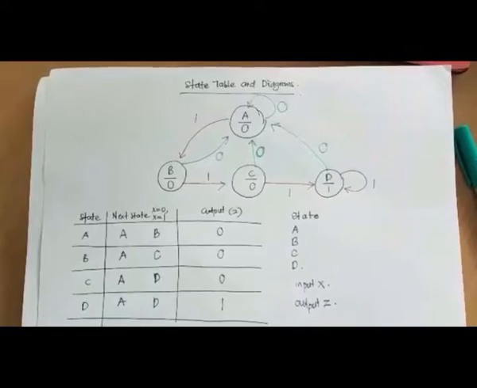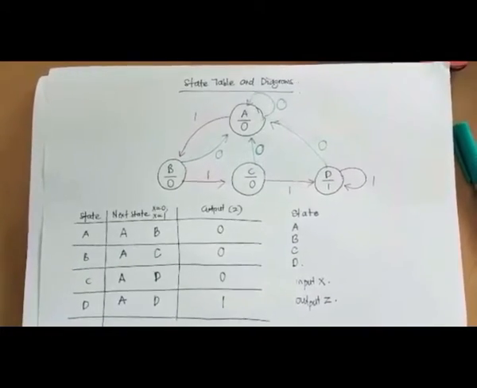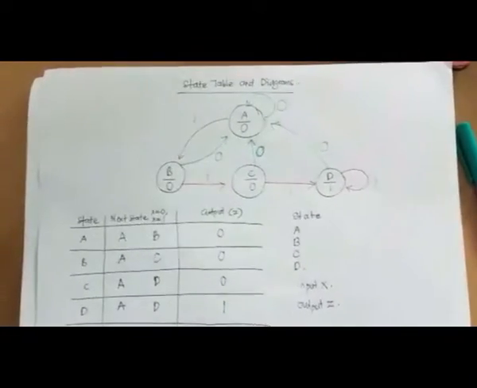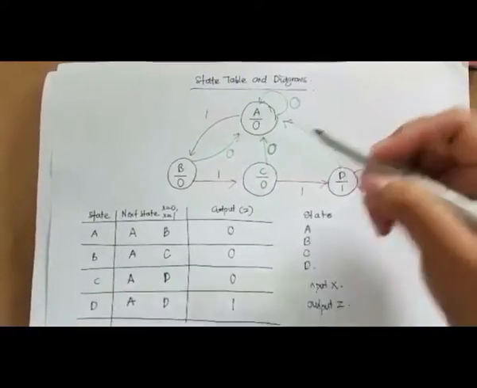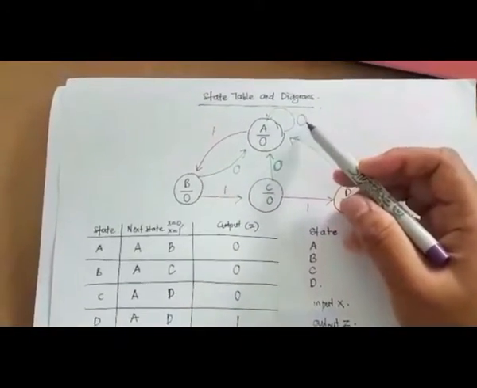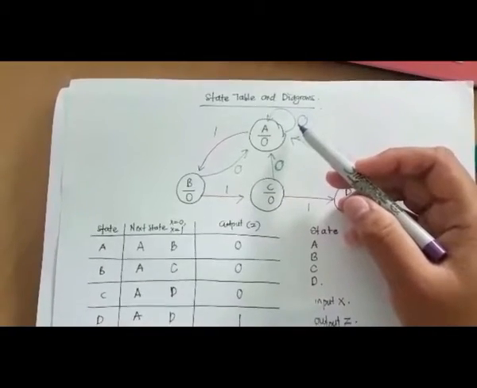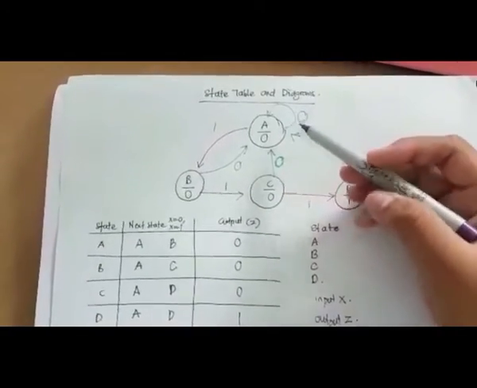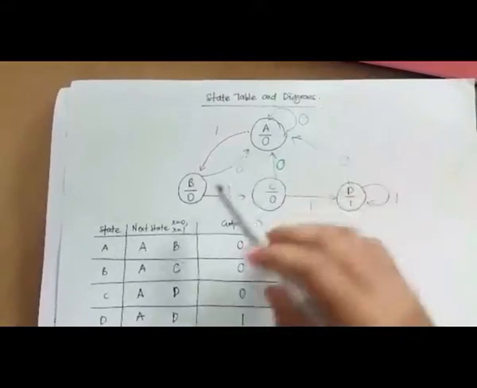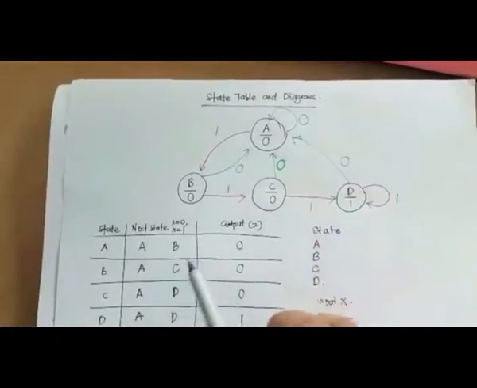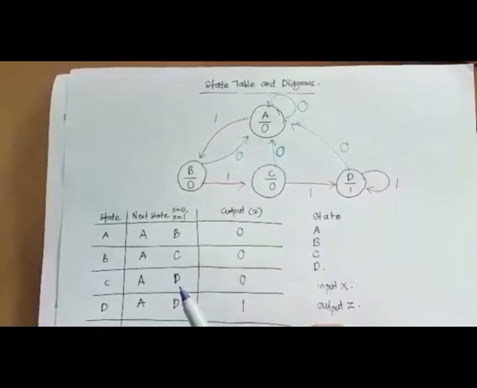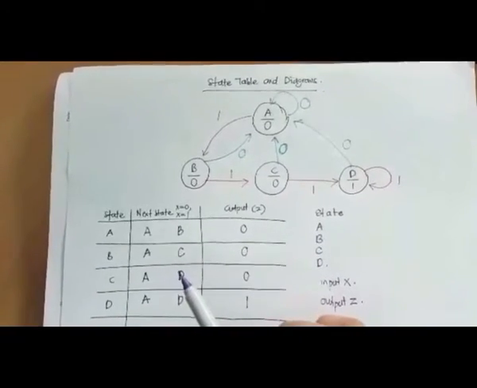So basically we have finished with the state table, also with the state diagram. First thing first, we have to do the state diagram first and figure out the input and output of every state. From that we will be able to do the state table.